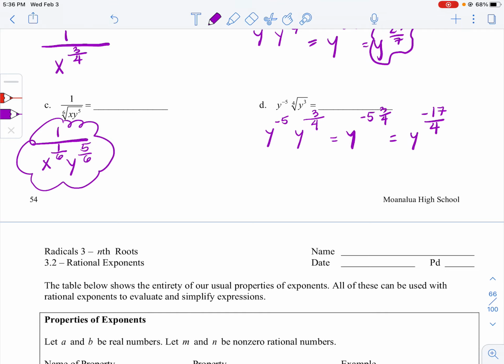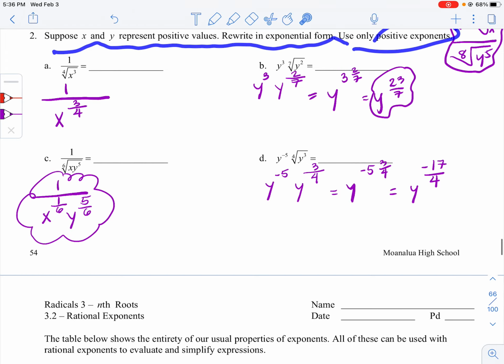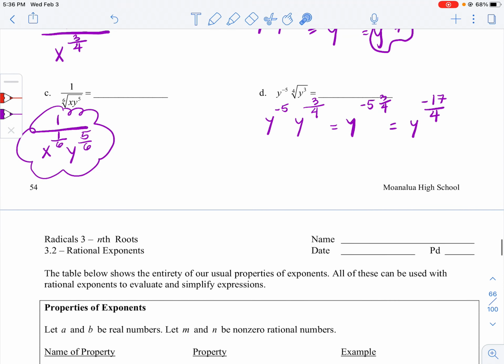And remember, it says here in our instruction, suppose x and y represent positive values, rewrite in exponential form, use only positive exponents. And because we ended up with a negative exponent, do you remember what to do? I am going to put that under, make it positive, and put 1 on the top.